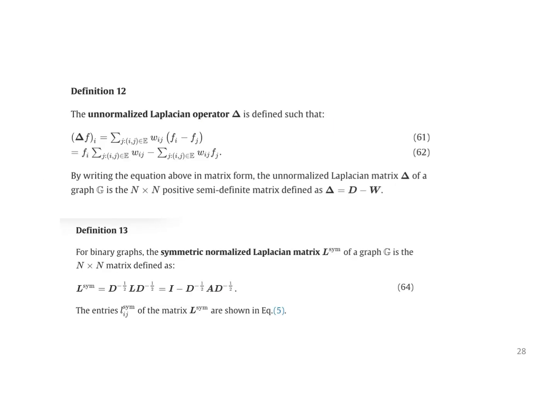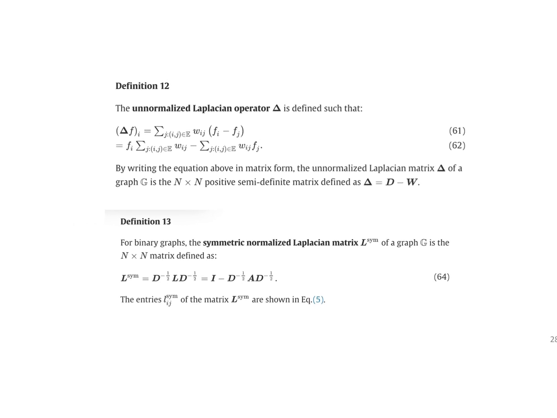So, okay. Now, why the degree and the adjacency are important is that they're related to the graph Laplacian. Let me explain why. In the simplest sense, the graph Laplacian is just the degree matrix minus the adjacency matrix.